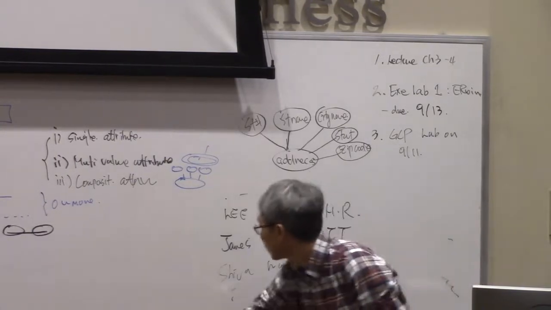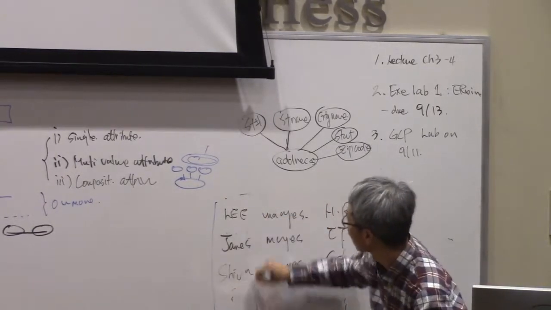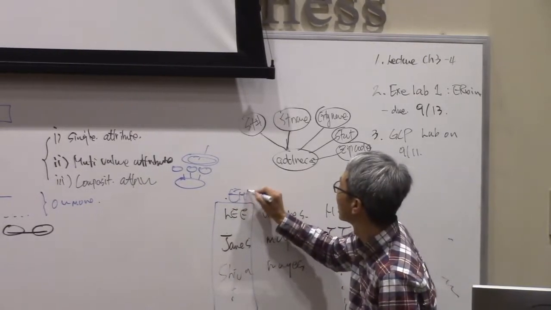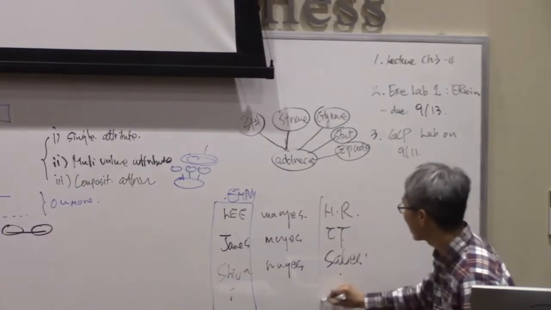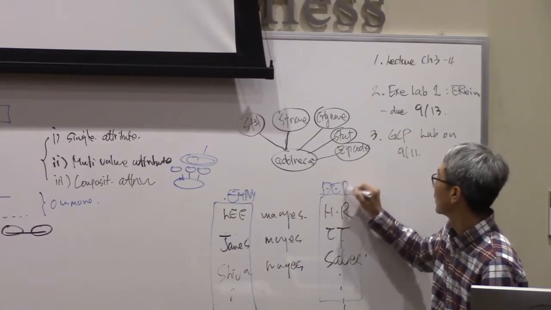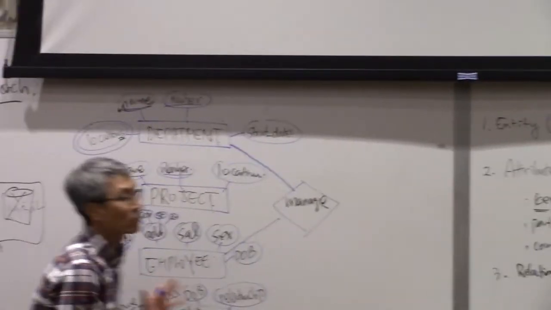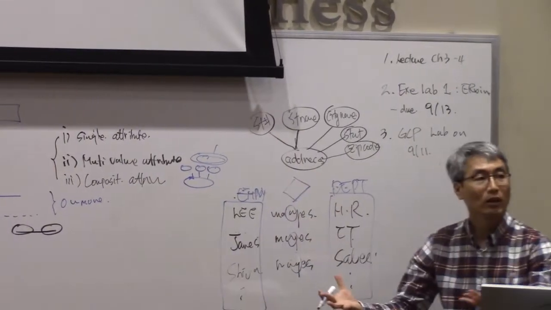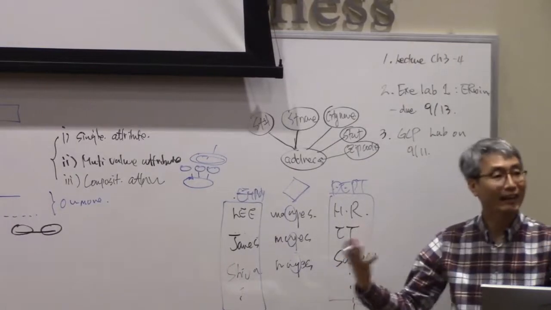Then we can see, this one is what? Entity. What entity? Employee. And this one is also an entity for department. They are already identified as entities. So what we need is this one, this one, this one. So we create the relationship between two existing entities.